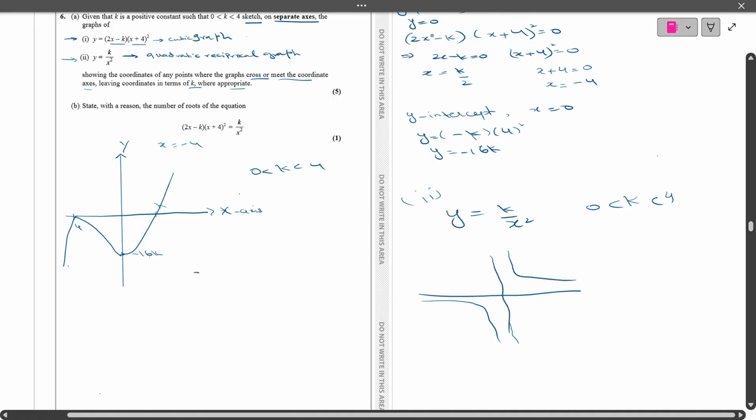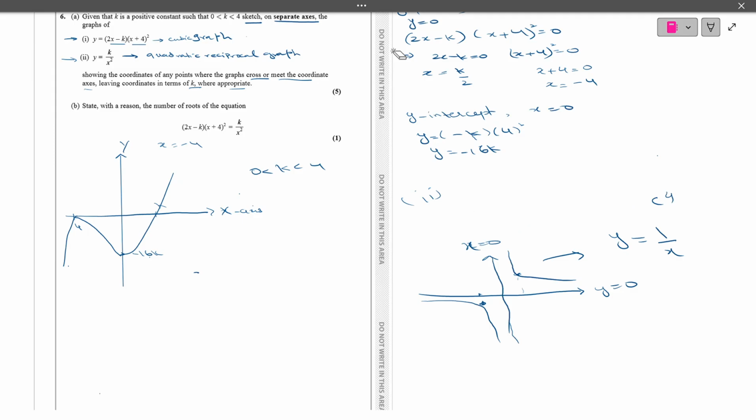So the asymptote here is y equals 0, and the asymptote here is x equals 0. When x is 1, y is 1, x is negative 1, y is negative 1. This is the parent reciprocal graph when y equals 1 over x. But we need to draw a graph for y equals k over x squared.